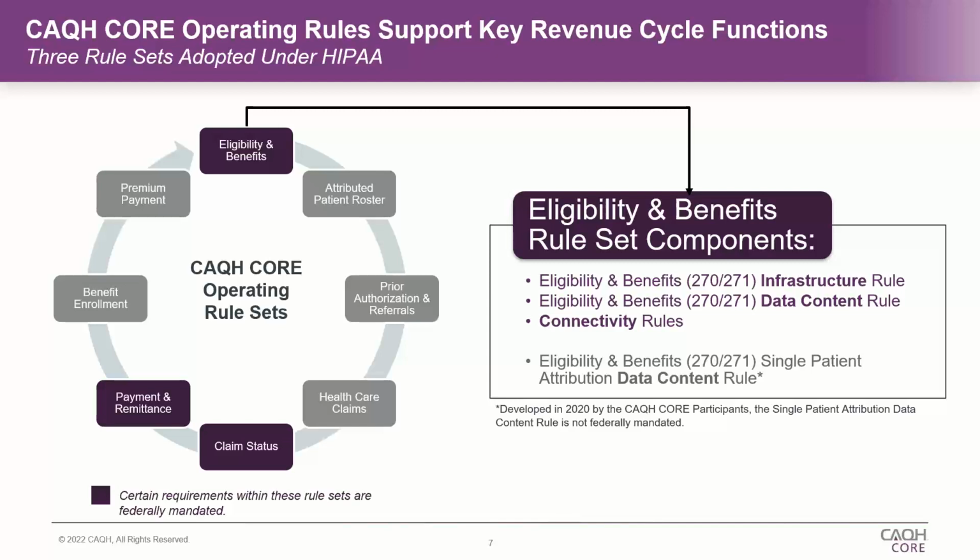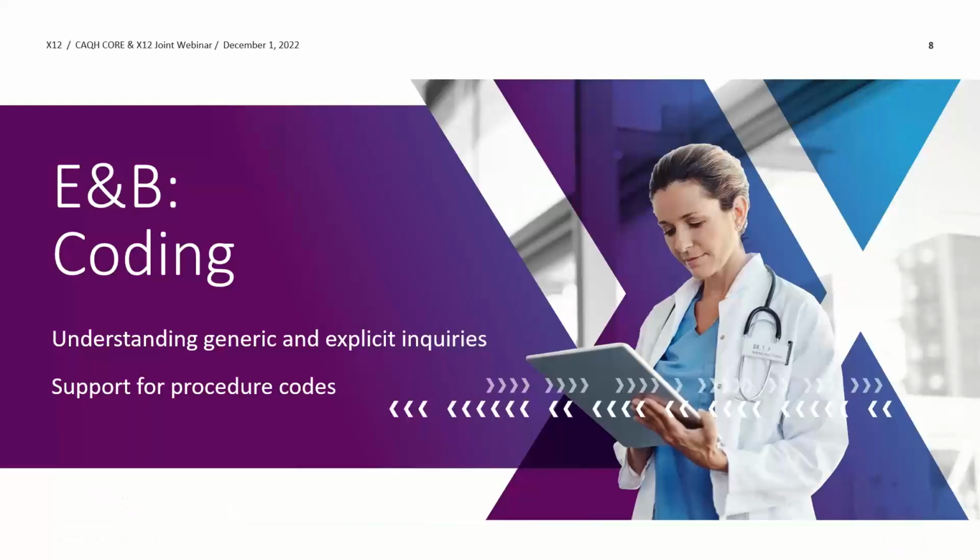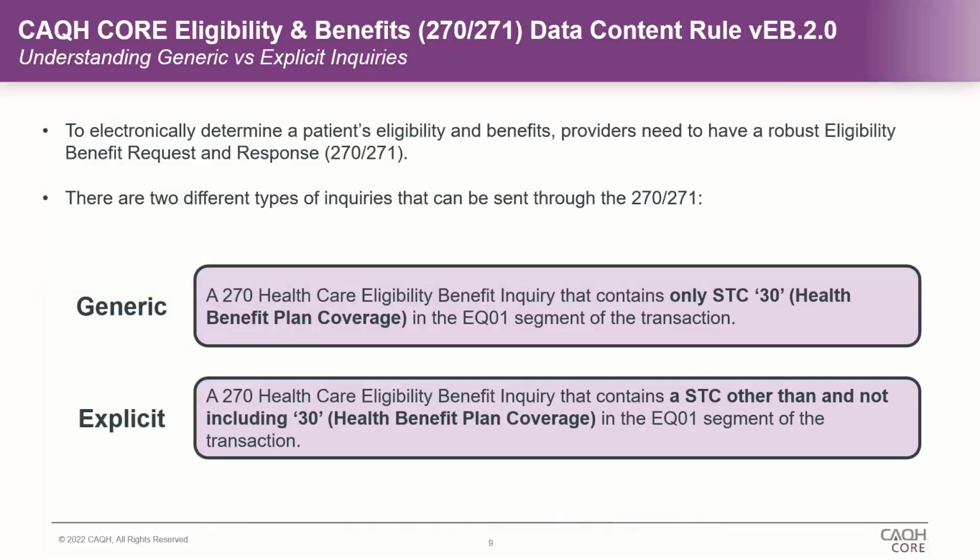So really moving into our next topic on the next slide, there are very specific things that are required or optional when it comes to the eligibility transaction, the 270 transaction, the 271 transaction. Moving into the next slide, our first topic here is understanding the difference between a generic and an explicit transaction.